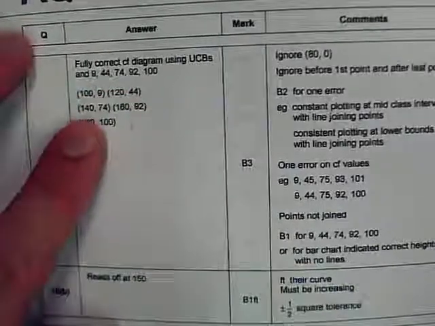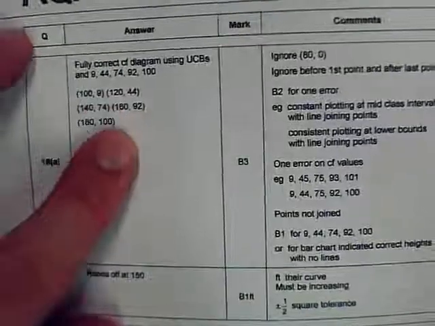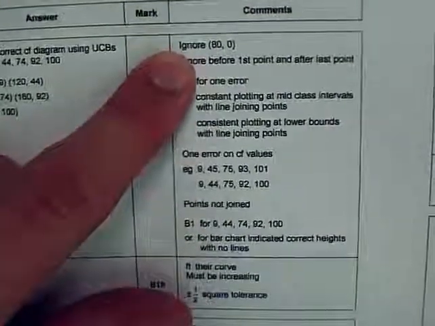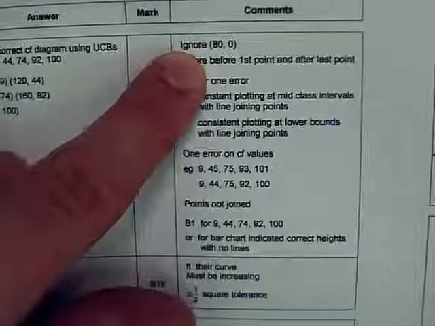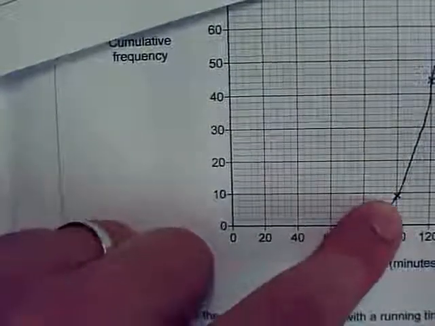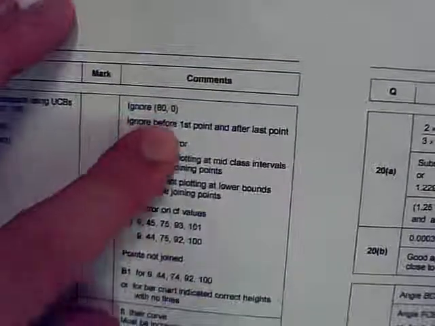They've given the examiner's coordinates to check that the students have done that right. Now these are the things that you can do wrong and still get marks for. So it says ignore 80. So if you didn't plot that first line there, if your graph started at this point and all the points were correct, then you can get the 3 marks.